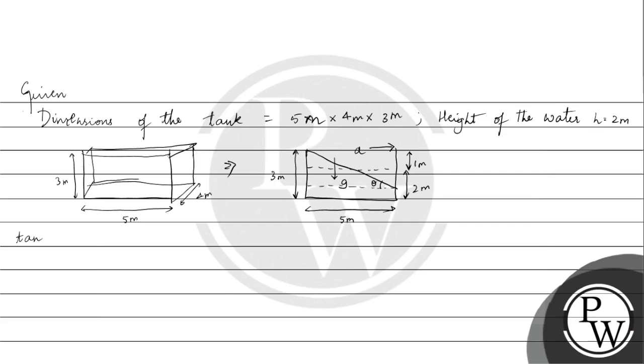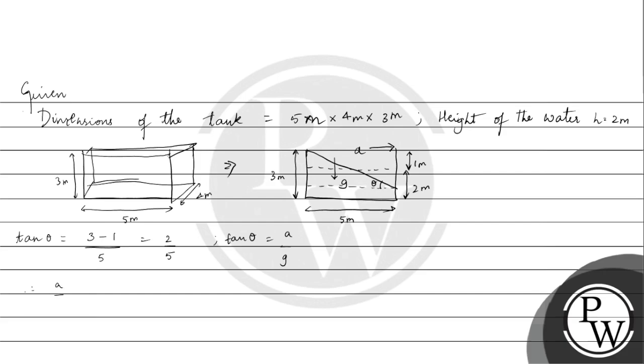So let us say अगर हम इसको एक यहाँ से यहाँ तक एक लाइन ड्रॉ करेंगे, so then essentially this tan theta will be equal to the total height of the tank minus the air column divided by 5, which is 2/5. और हम ये भी जानते हैं कि tan theta is also equal to a by g.